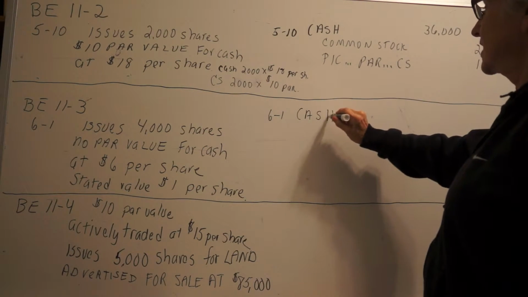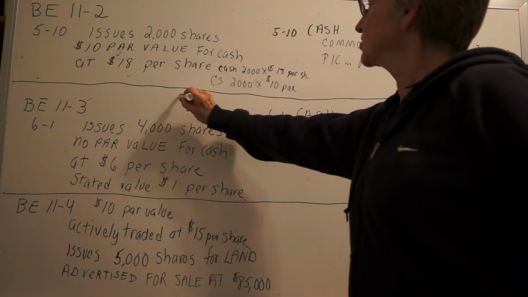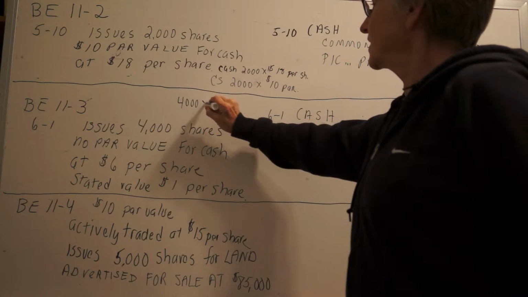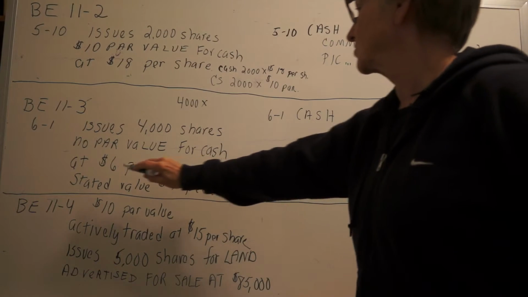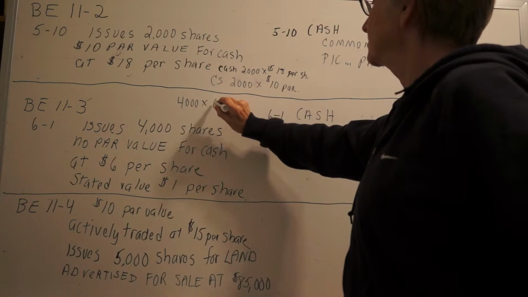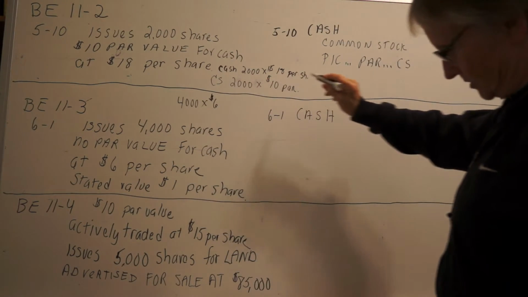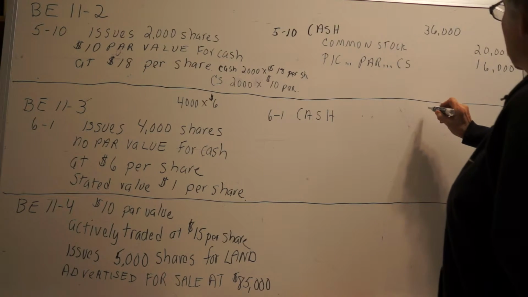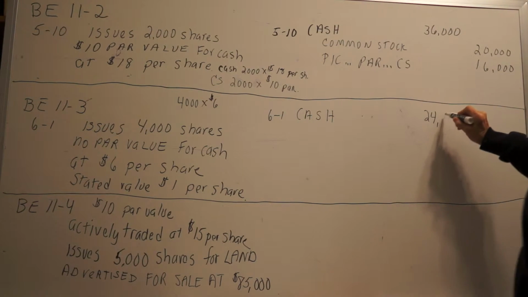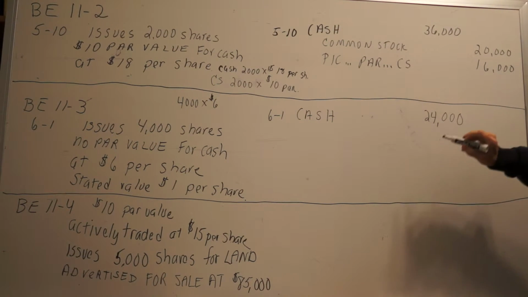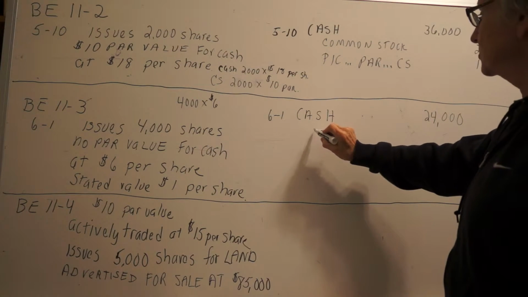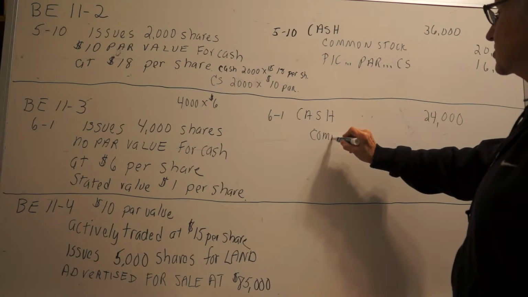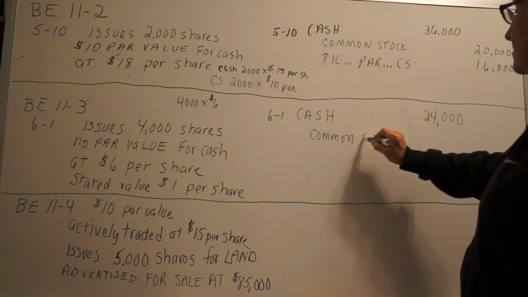Well, the amount of cash is going to be the 4,000 shares issued times the market price, so it's at $6 per share. So that would come out to $24,000. And then we attribute to common stock the stated value in this case.